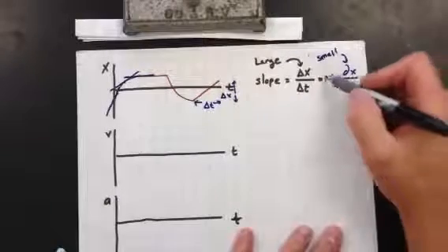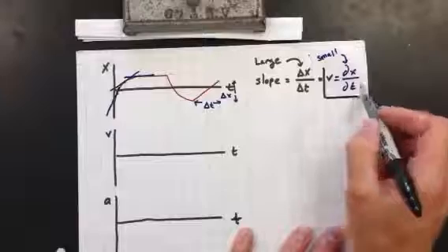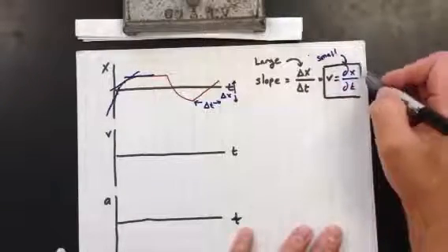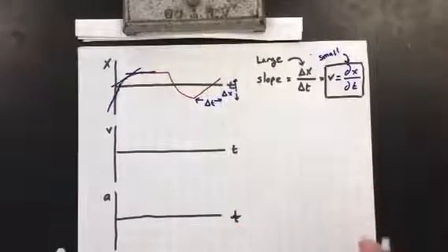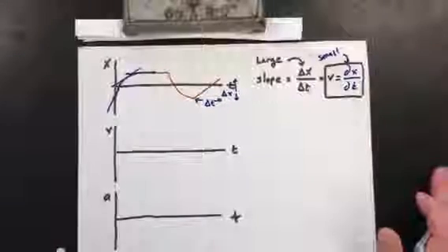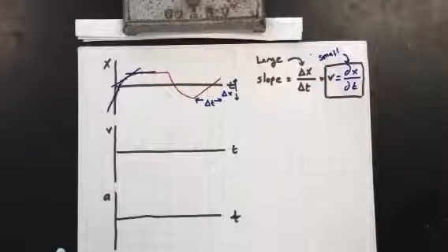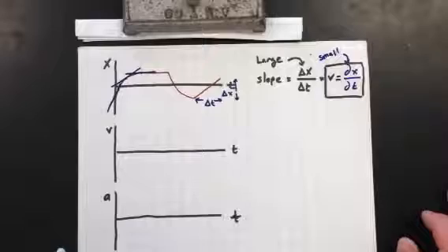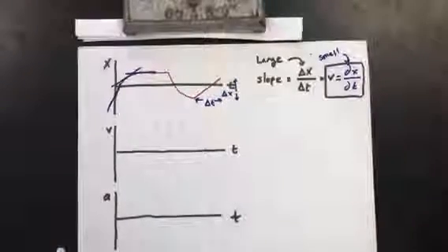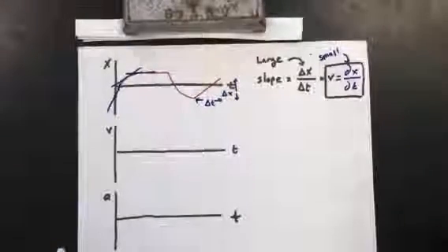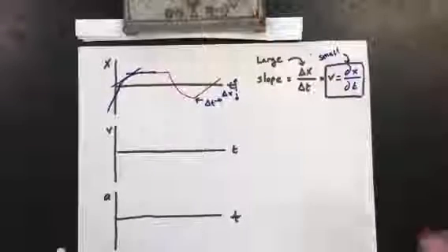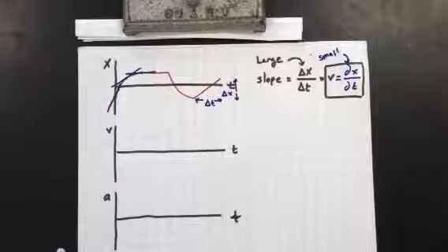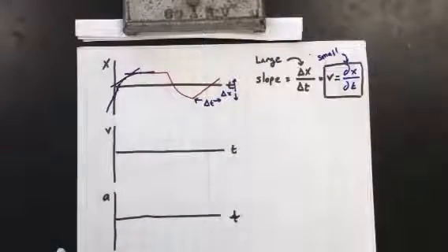This right here is called a differential equation, and this is one that we're going to have to be very familiar with. It just stands for that the derivative of position with respect to time is going to give us velocity, and it simply means that the slope of a position time graph is velocity, something that we already know about.